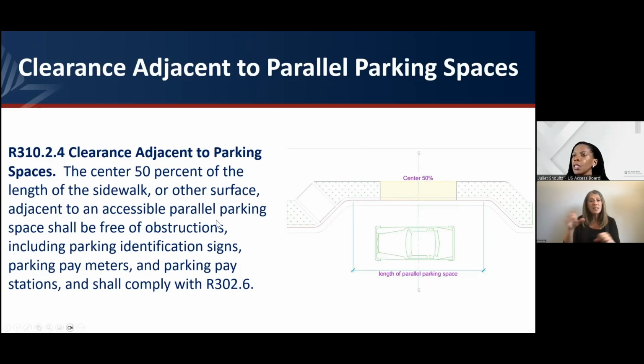It needs to be completely clear for use by the person using this accessible parking space. At R310.2.4, clearance adjacent to parking spaces, which states the center 50% of the length of the sidewalk or other surface adjacent to an accessible parallel parking space shall be free of obstructions, including parking identification signs, parking pay meters, and parking pay stations. And this center 50% needs to comply with the requirements in R302.6.